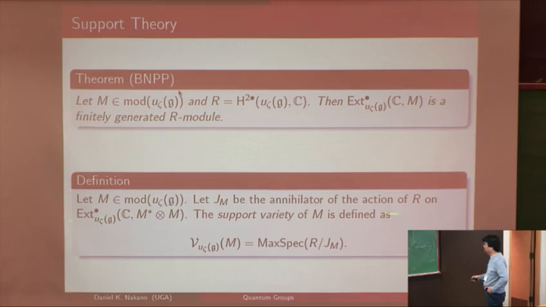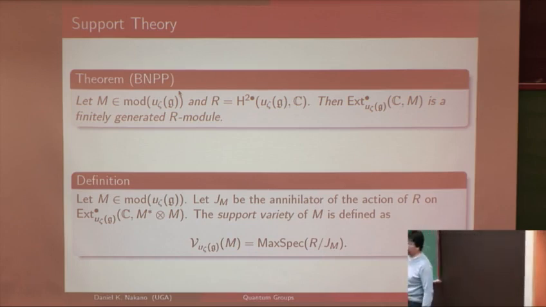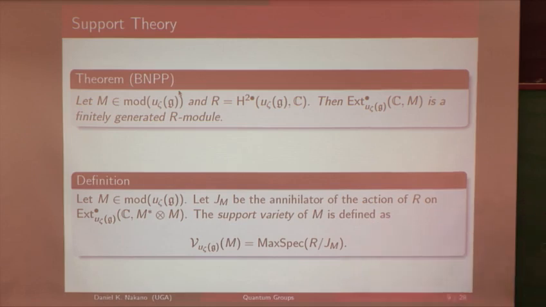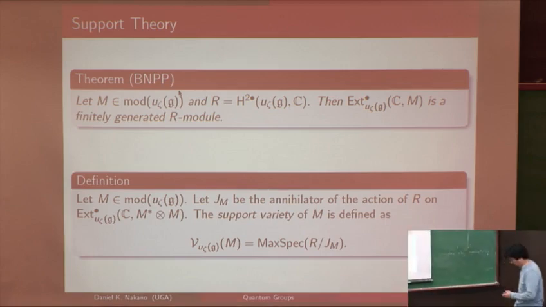This is finitely generated over R again. Then look at its annihilator J of M, and look at the maximal spectrum of R over J of M. That gives you a subvariety inside the nilpotent cone. In the case where M is a module for big U zeta G, this is a G-invariant subvariety inside the nilpotent cone, so it breaks up as a union of closures of orbits. So there's a lot of geometry involved in this, involving the nilpotent orbits.